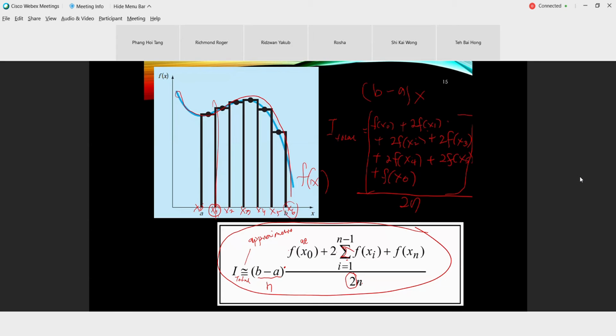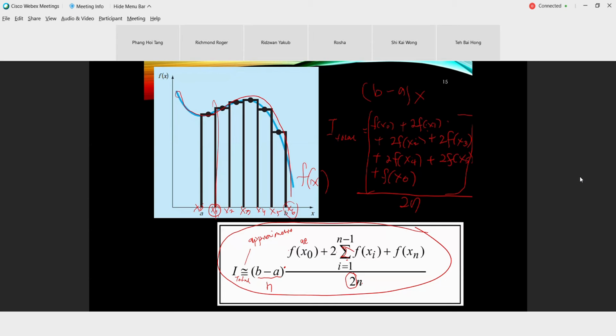So whatever function is given to you, substitute here. After you substitute, insert value x1 here, insert value x2. Again and again, you repeat this process. After that, you calculate all the values, and lastly, you can produce the integration total value.